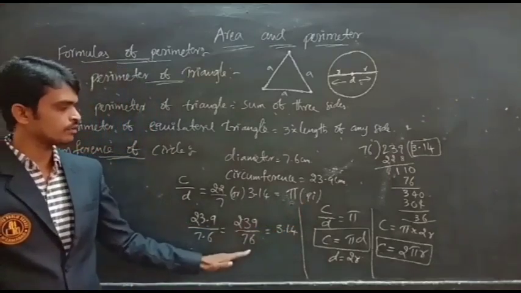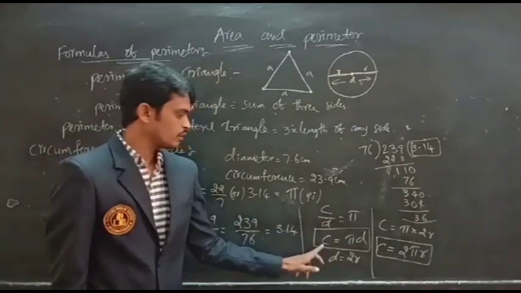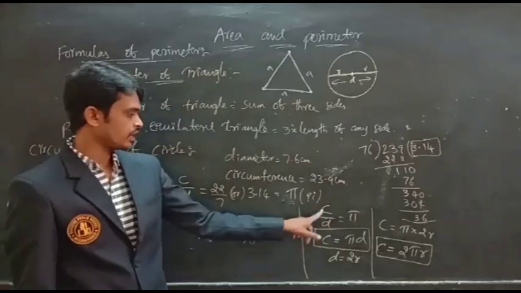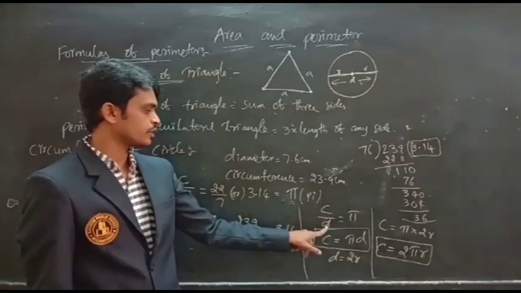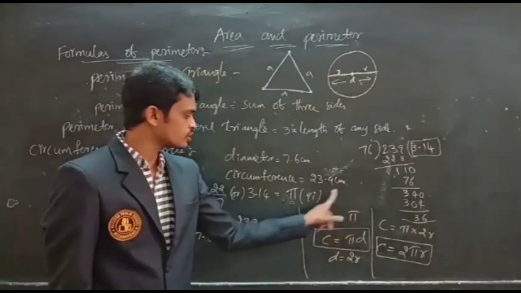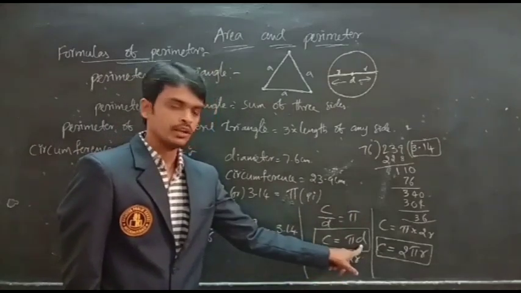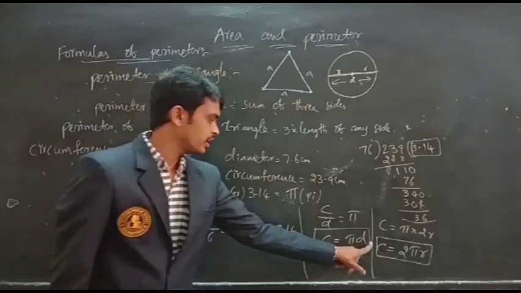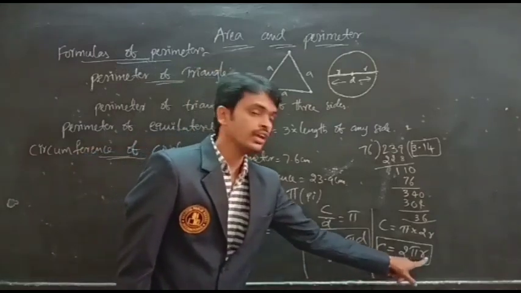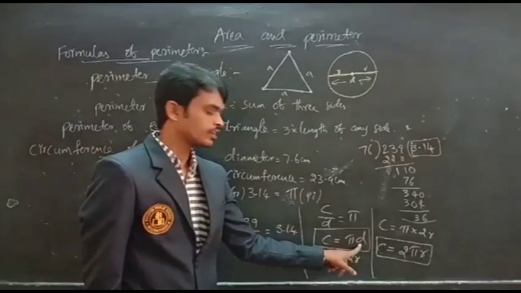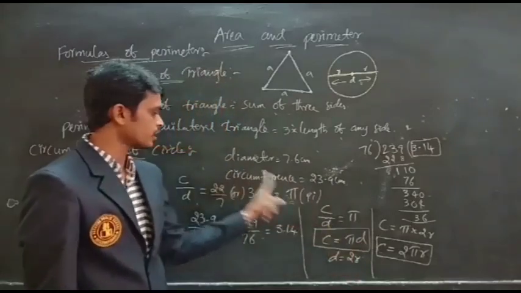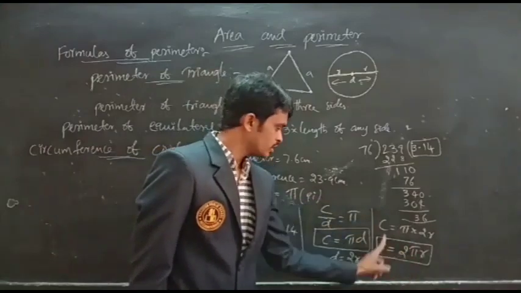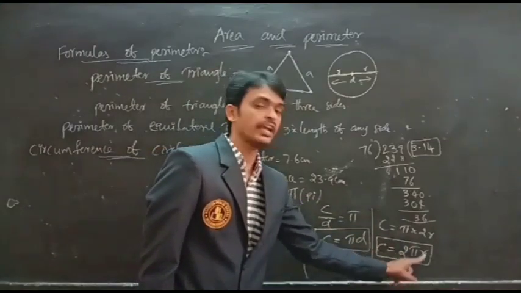After simplification, we get the formula. C is equal to pi d, and C is equal to 2 pi r. If the diameter is given, we use the first formula. If the radius is given, we use C is equal to 2 pi r.